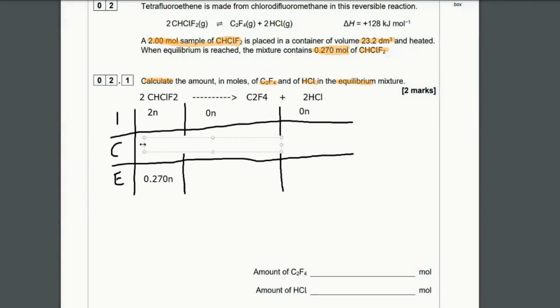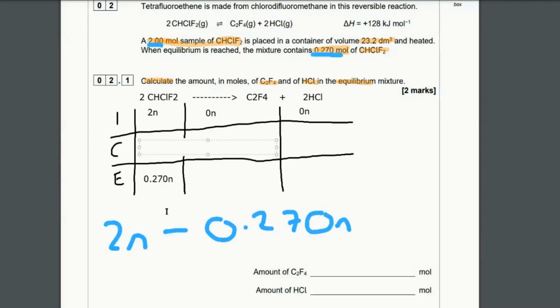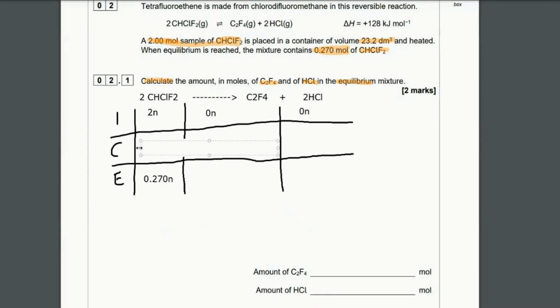So how much does it change by? Well, if you take the 2 moles that we have of the initial reactant, and then it tells us how much of the reactant is left afterwards, which is 0.270 moles. So let's do 2 minus 0.270, and that is going to give us the amount that those moles changed by. And the answer, of course, is going to be 1.73 moles.